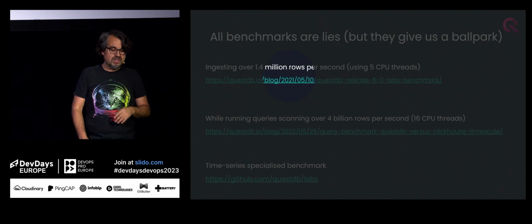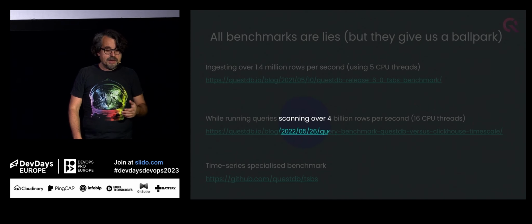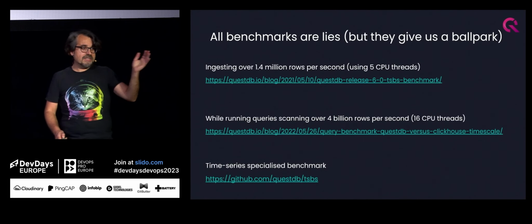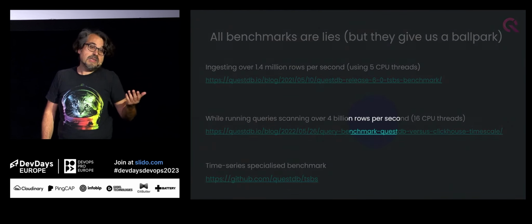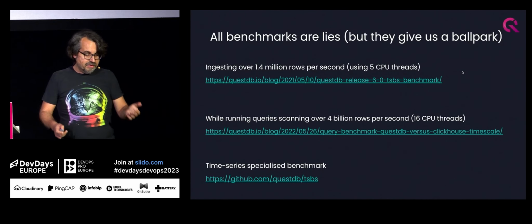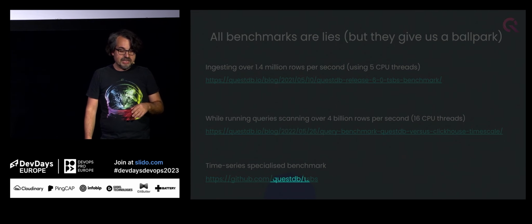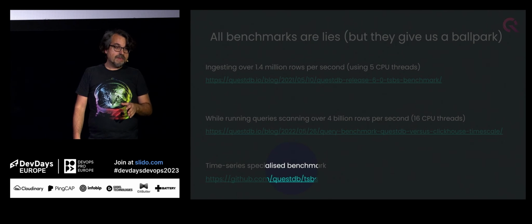This is actually quite old, it's 2 years old. Now we can ingest much more than that. At the same time, we can query data at a rate of 4 billion rows per second, scanning data, with 16 CPUs, so you need to have a reasonable machine. We use a benchmark which is specialized in time series. We didn't write this benchmark, but we maintain a fork.